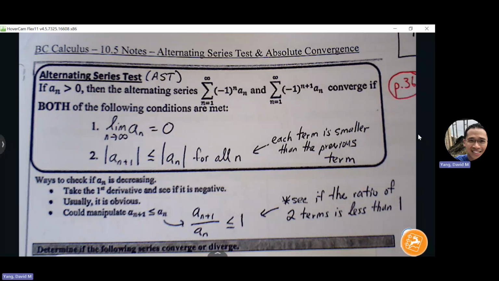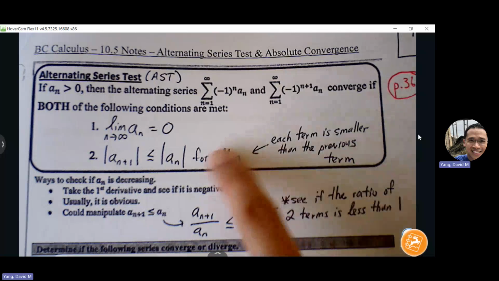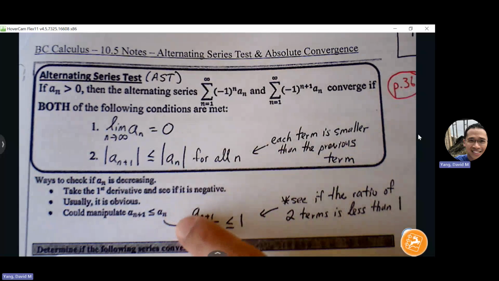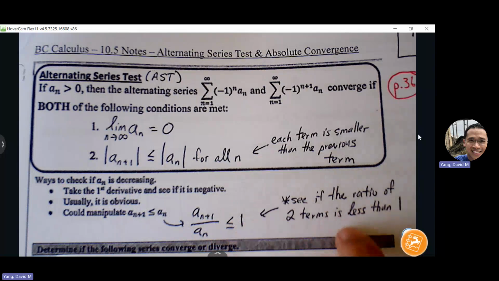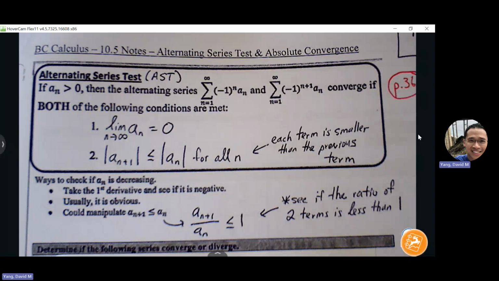Second, it's kind of obvious, especially if the first condition is true. And then we can also manipulate a sub n: can we show that a sub n plus 1 over a sub n is less than or equal to 1? If the ratio of the two terms is less than 1, then we know for certain the terms are decreasing, or getting smaller compared to the previous term. All right, let's look at some examples here.